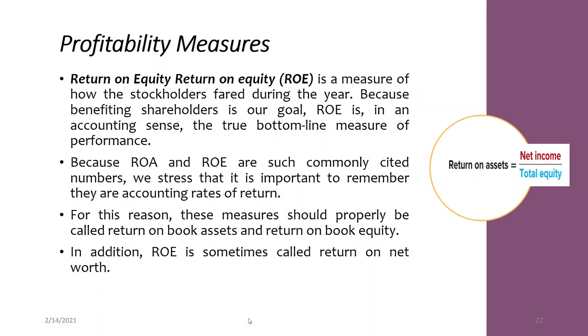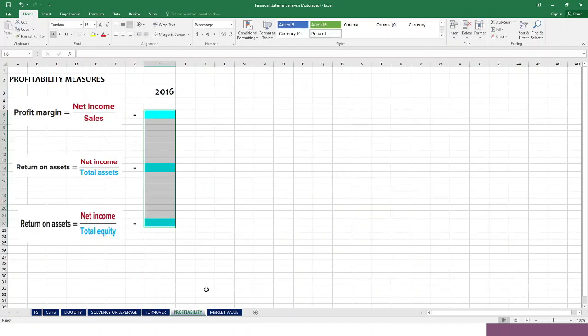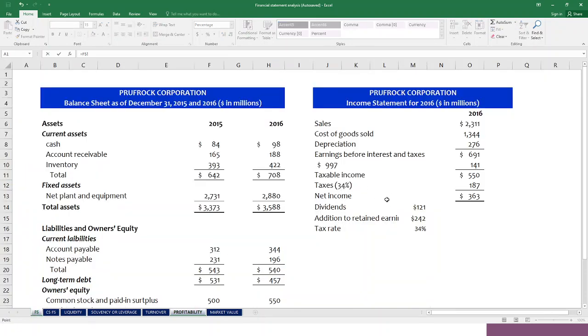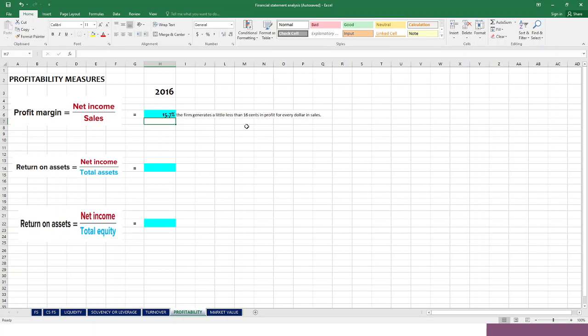So in our Excel, for the profitability measure, net profit margin is equals to net income over sales. Net income is this, divided by our sales, which is this. So that is 15.7%.